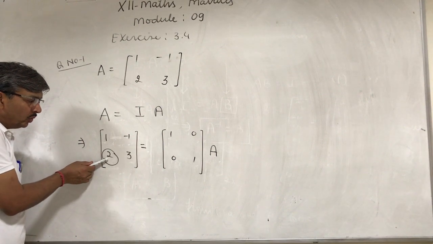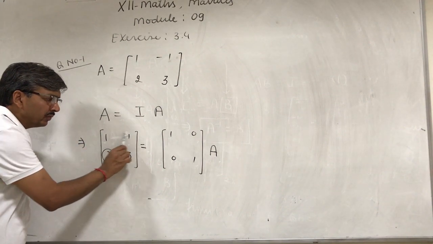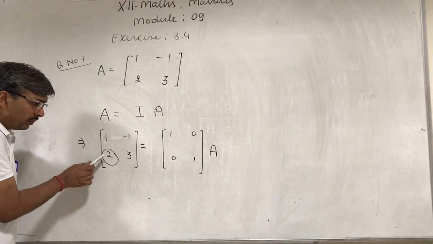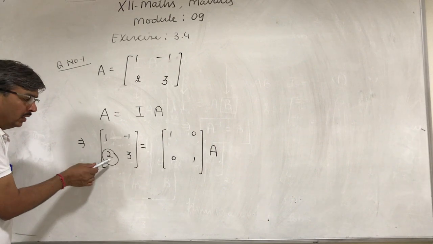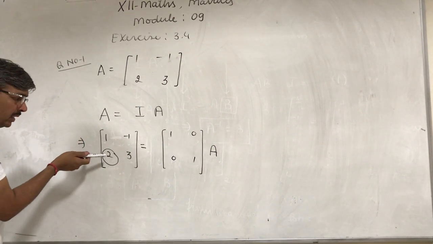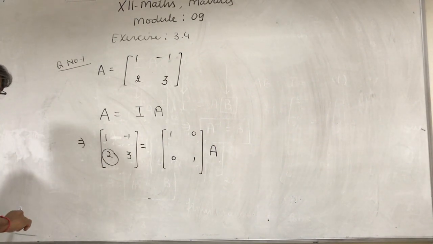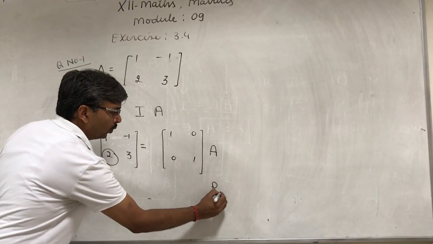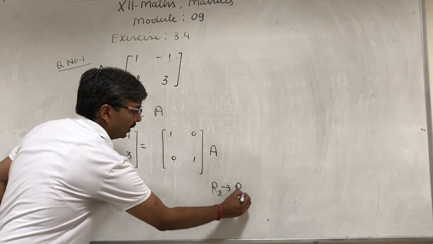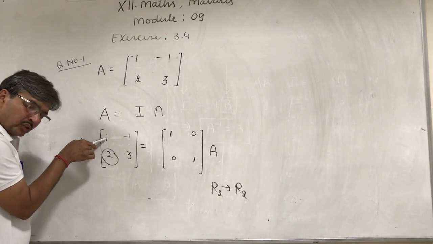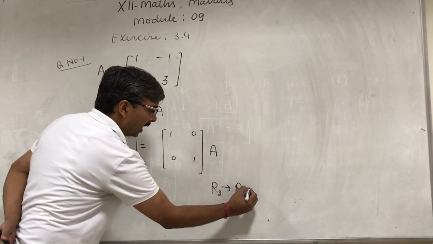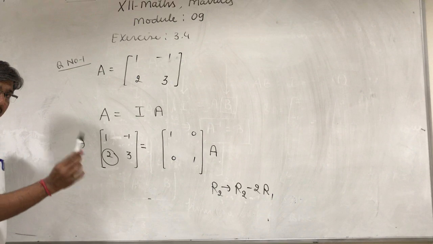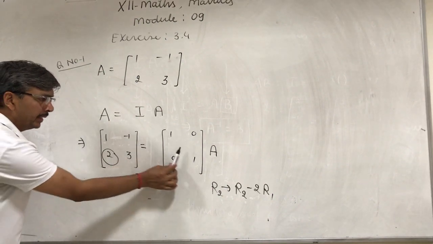See, this is 2, this is 1. This is R1, this is R2. And we want 0 here, and the 0 will come from 2 minus 2. It means we will apply R2 changes to R2 minus twice of R1, and we will apply this operation here and here.